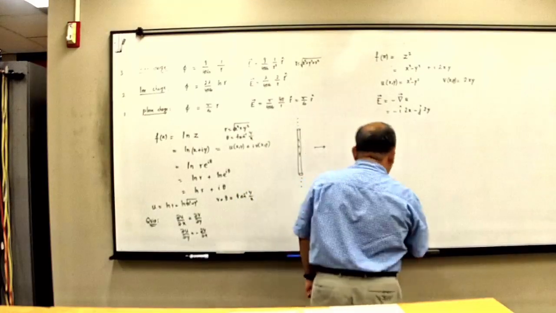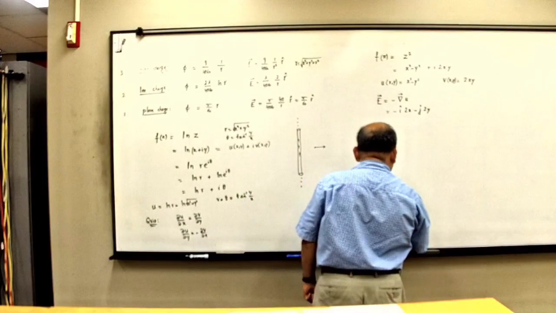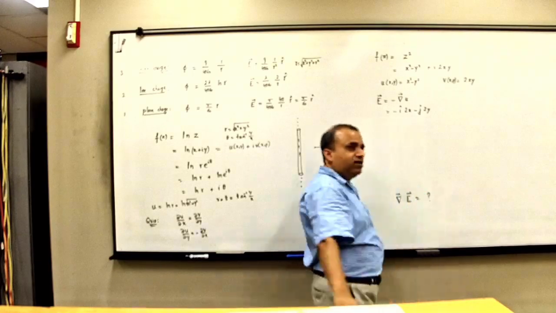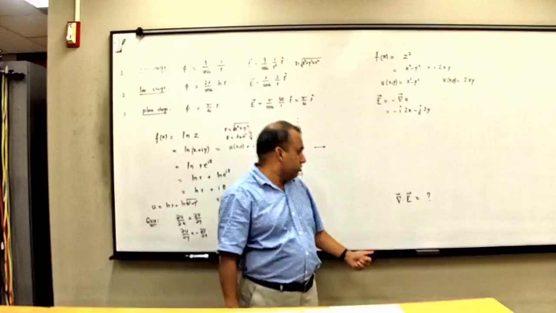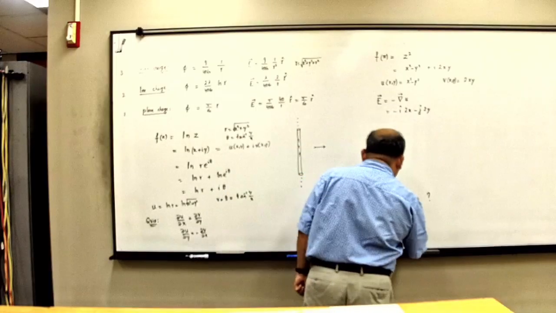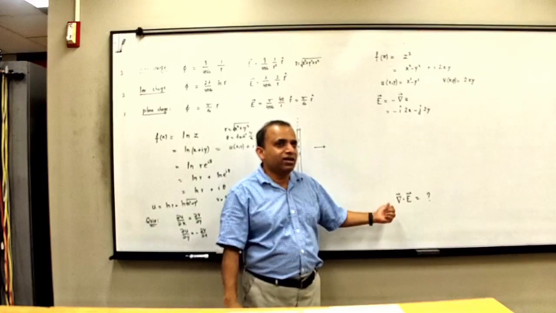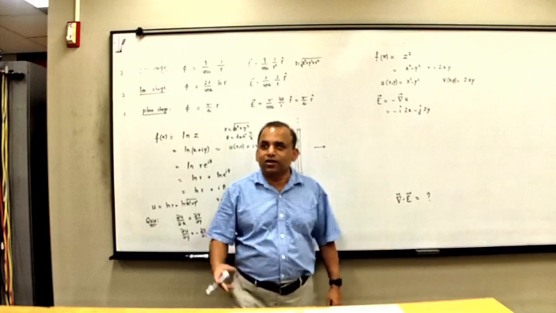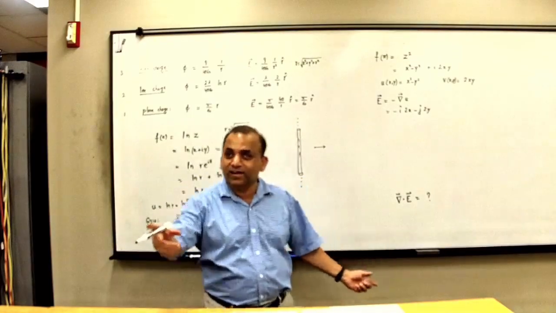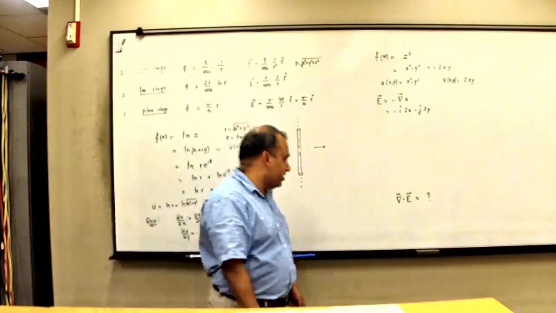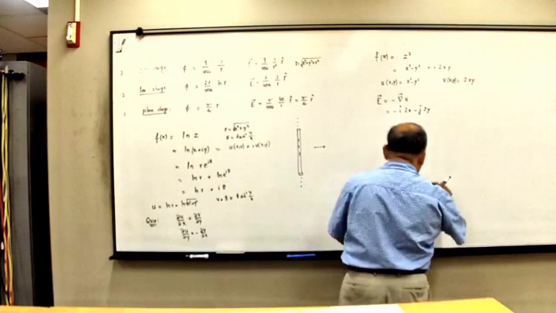What is the gradient of an electric field? Gradient or divergence? Sorry, I meant divergence. I wrote the gradient operator. Yeah, divergence of an electric field. Sorry for that. Very good, that's rho by epsilon. That's the Maxwell equation.